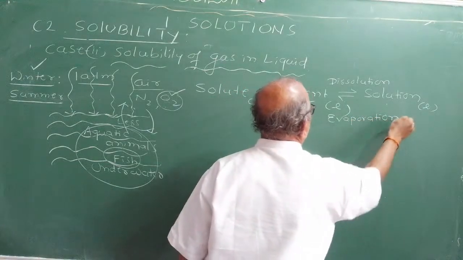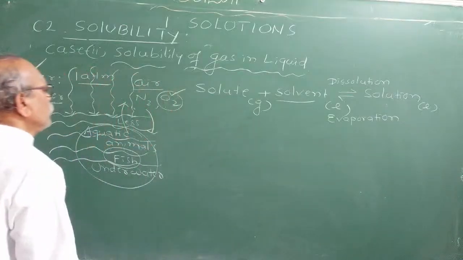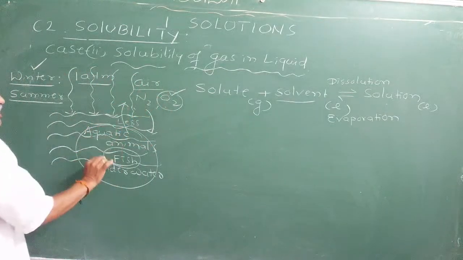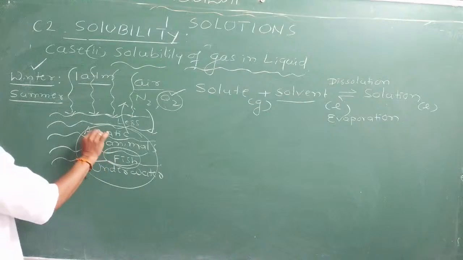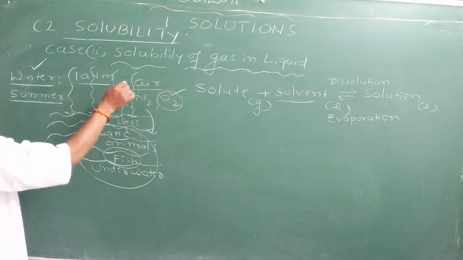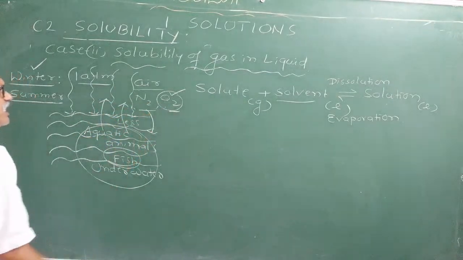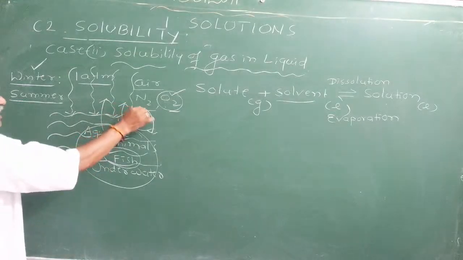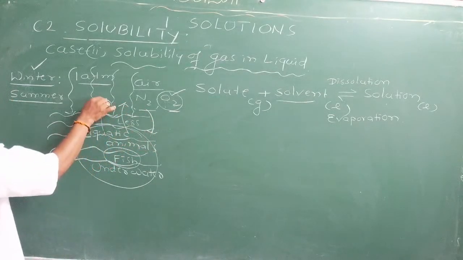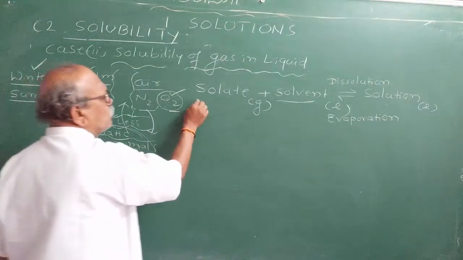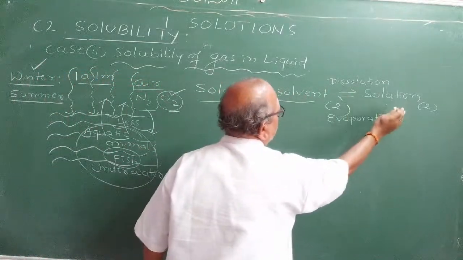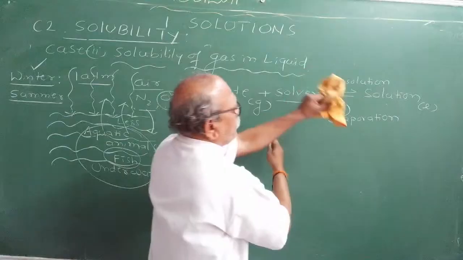That is, dissolution of oxygen in water, or nitrogen and oxygen mainly present in the air, and evaporation from water. So these two processes are taking place simultaneously in opposite directions.